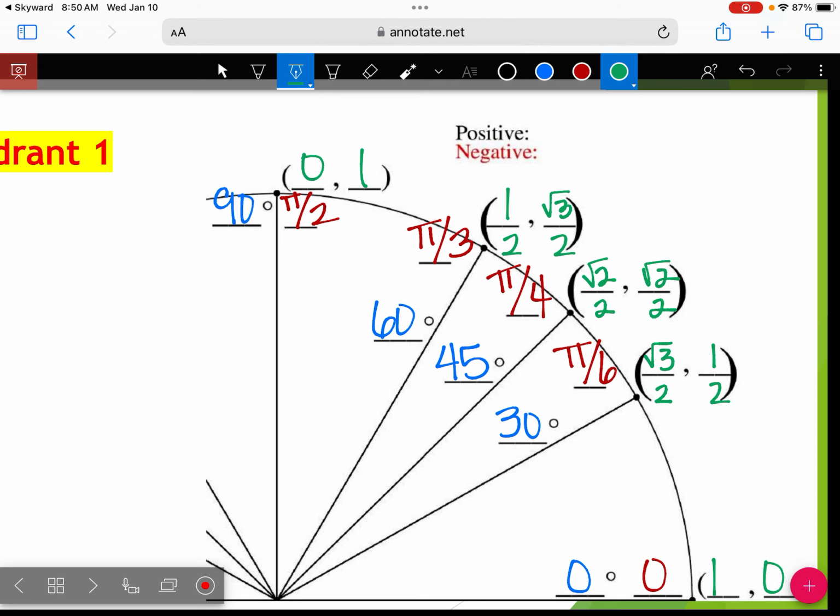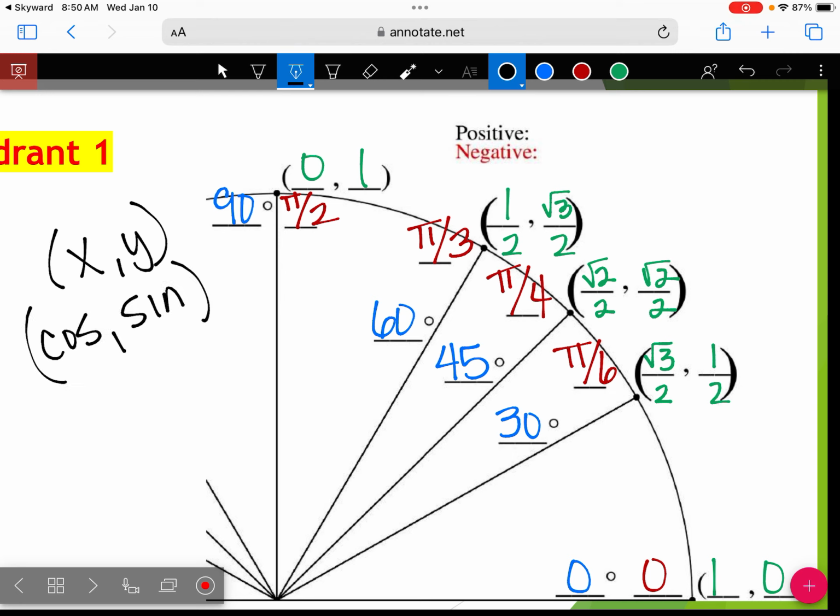How do you know it's root 3 over 2 and not 1/2? Going back to what we talked about, we have our coordinate. The first number is cosine, and the second number is sine.